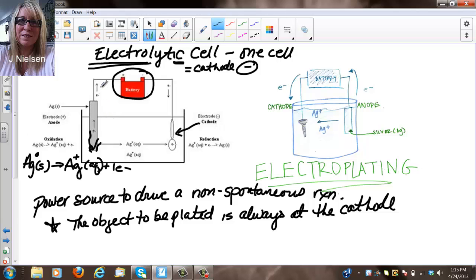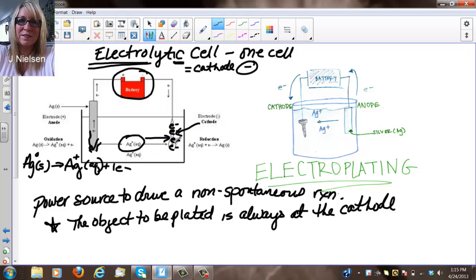Now remember that the electrons are traveling from the anode to the cathode, so this is going to be heavily laden with electrons on it. They only have one, but I'm going to just put electrons all over that. And you have silver ions in solution, so positive is attracted to negative.